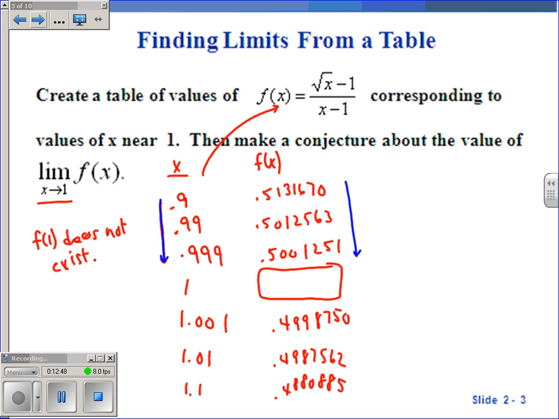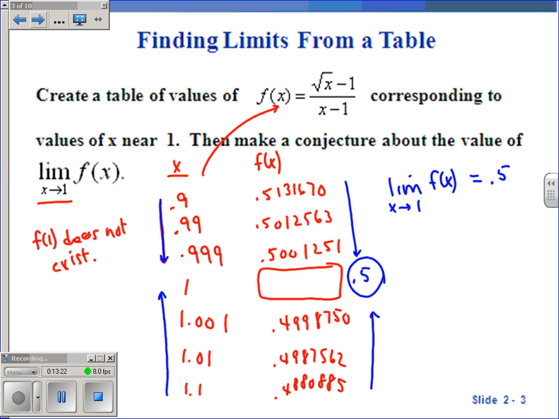Well, just looking at these three values, it looks like they're getting closer and closer to 1/2. Coming from the other direction, 1.1, 1.01, I'm getting closer and closer to 1. What do you see about the y values? They're getting closer and closer to 0.5 also. So this would be the limit of that function as x approaches 1.